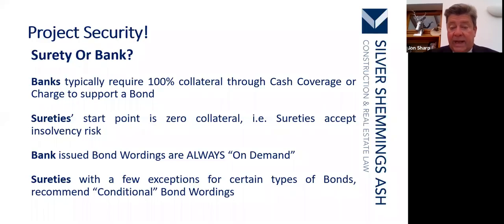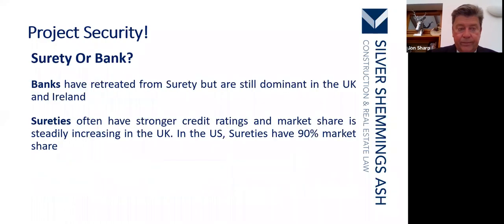And that's what banks do. So try and avoid that. Sureties, with a few exceptions for certain types of bond, there are conditional bond wordings, which you need to clearly draft and probably have reviewed by a lawyer.